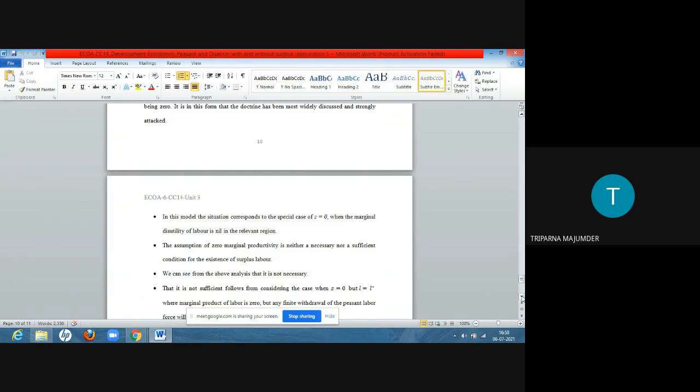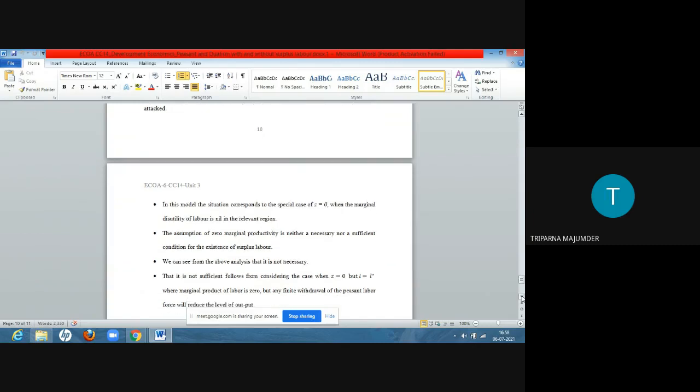So at that point, the value of Z is equal to 0 when marginal disutility of labor is nil in the relevant region. So in this model, zero marginal productivity occurs as a special case when the value of Z is equal to 0, that is when the marginal disutility of labor is nil in the relevant region.